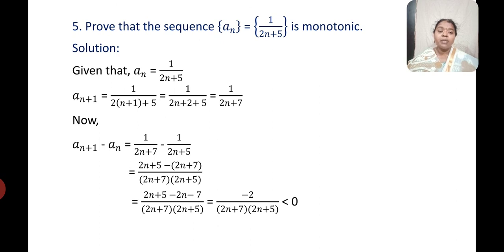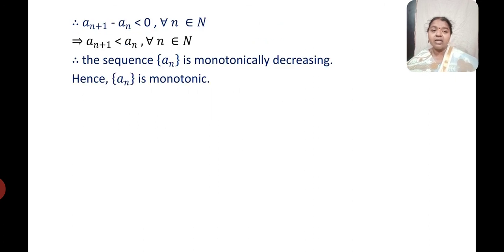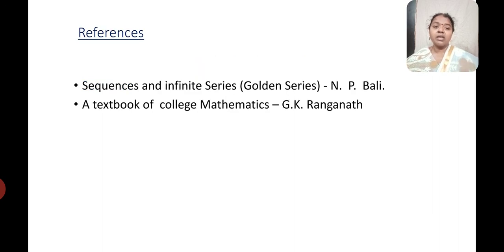So we get minus 2 divided by 2n plus 7 into 2n plus 5. This is less than 0. So we have proved that an plus 1 minus an is less than 0 for all n belongs to natural number, or an plus 1 is less than an, which is nothing but our sequence is monotonically decreasing. Since it is monotonically decreasing, the sequence an is monotonic.